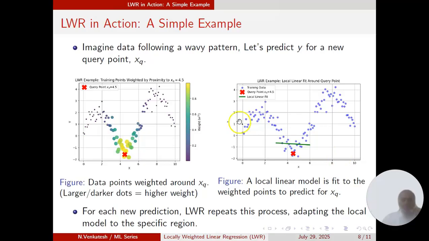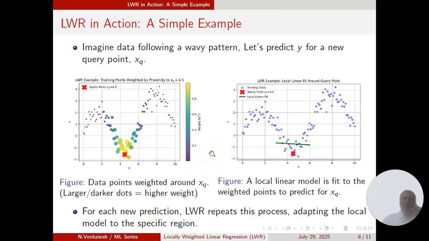So for each prediction point, this fits a new line by considering the nearby points. Based on tau, it will decide how many data points it has to consider, and the remaining data points will get a 0.